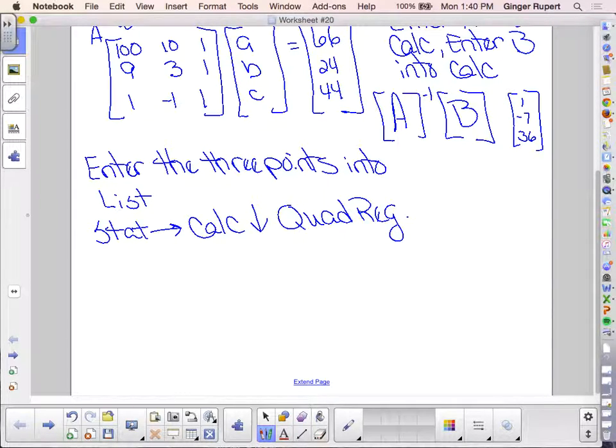Okay, and then that should give you those same values for that system. You should be able to use both of those methods to solve a system. When given 3 points, you should be able to find that quadratic model either way.